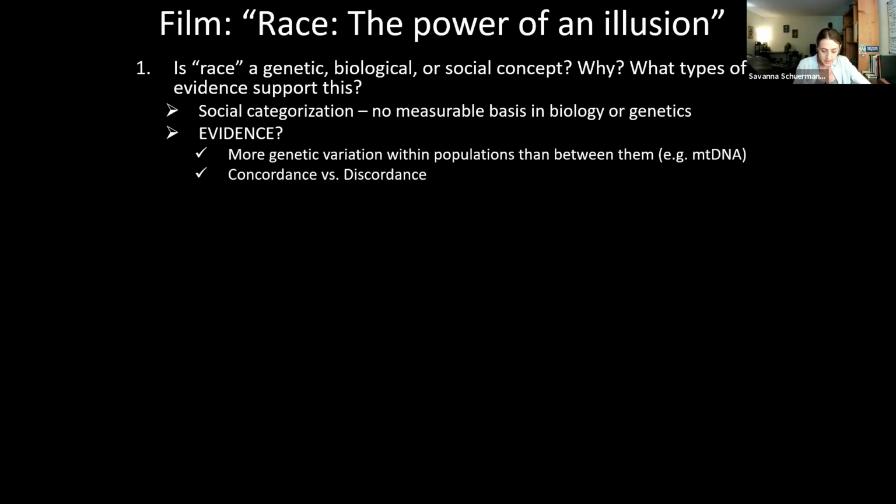Another piece of evidence, this idea of genetic concordance versus discordance. So the way you can think of these words, concordance meaning sort of agreement, and discordance, it's disagreement, doesn't go together. And there's no concordance of genetic traits that are associated with race, right? If you look at skin color, there should be other identifiable genetic traits that align with different skin colors, right?